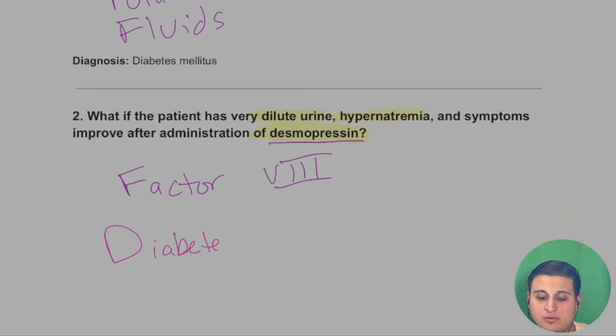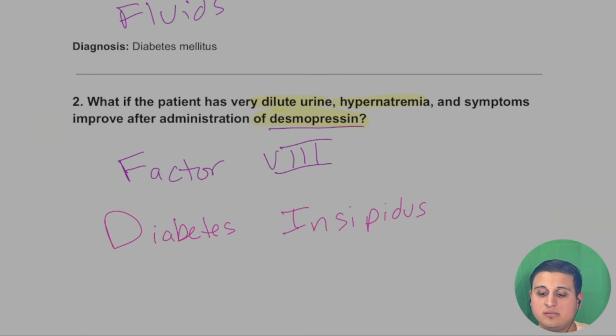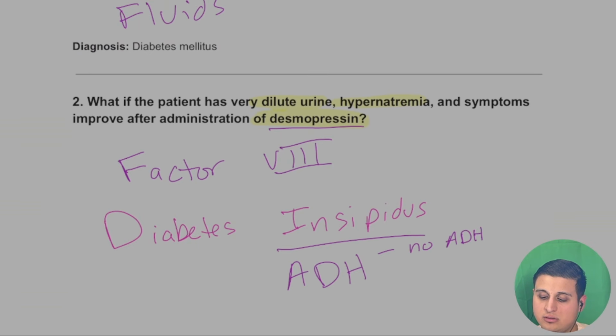And you can actually tell which one it is from the desmopressin test. So what is diabetes insipidus? Insipidus meaning this is some sort of issue where we don't have ADH or we can't react to ADH. So either no ADH or no response to ADH, right?